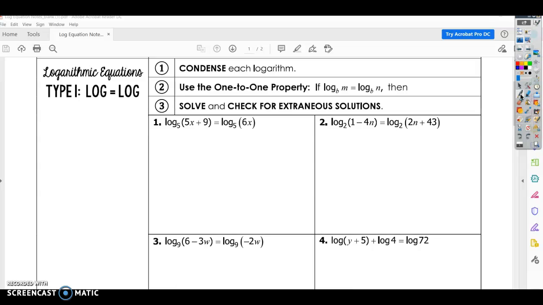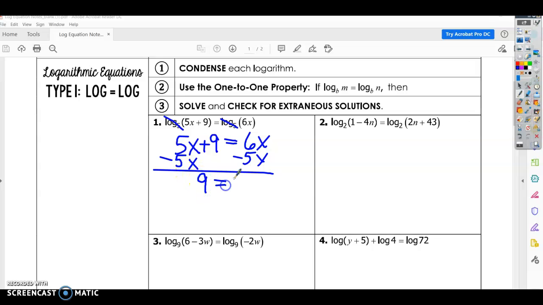So number 1 has a log equals a log. So we can drop the logs and just say 5x plus 9 equals 6x. All right, subtract 5x from both sides. And you do have to remember how to solve all different types of equations.